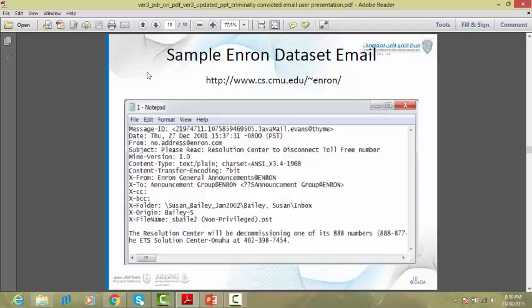What we are doing here is, for each email in this database, we can see that it contains the date, from, subject, to, CC, BCC, folder, body, file name, etc., the time also, the day also, right? It covers most of the information. We have used this particular database to prove our proposed work.